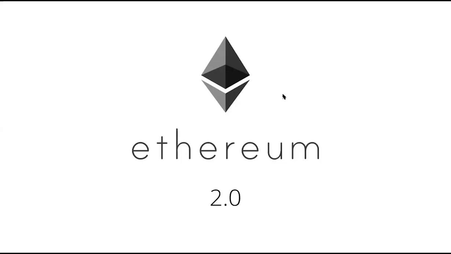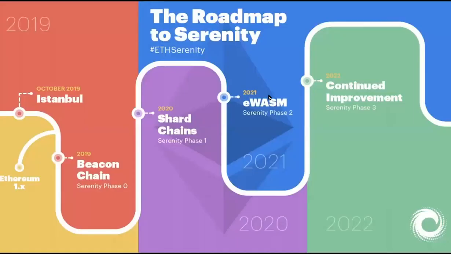Phase 1 after that is when we plan to add shards and data on shards. So the way that shards work is that there are 1,024 different shards, each of which you can think of as kind of like sub-blockchains.